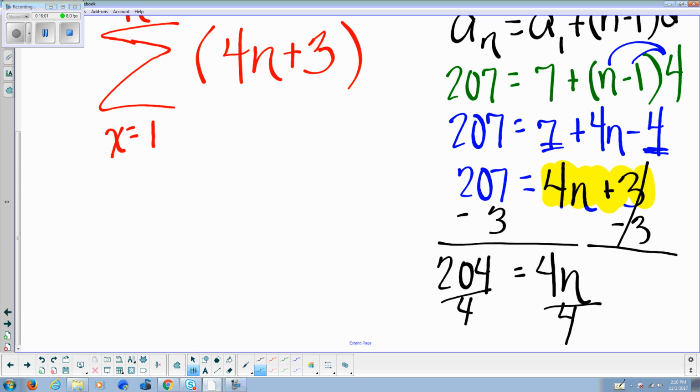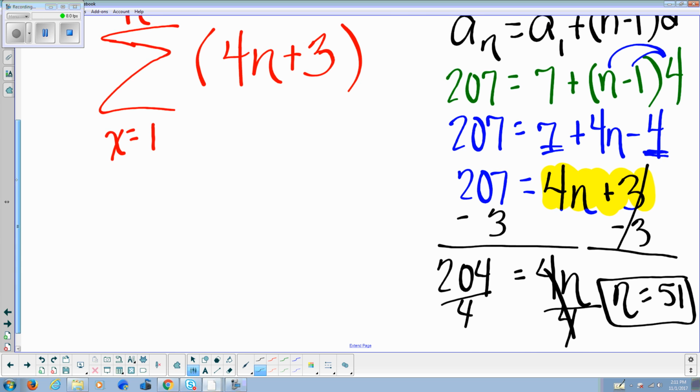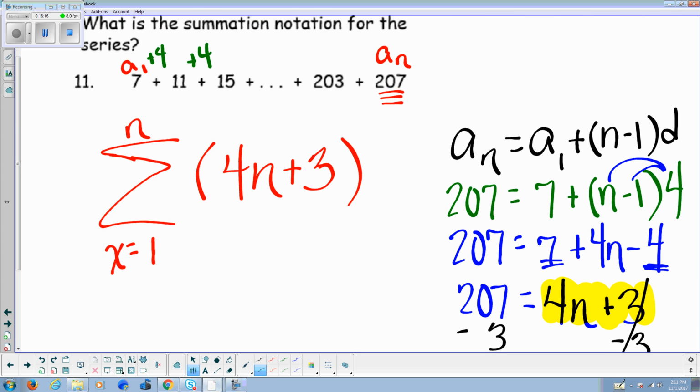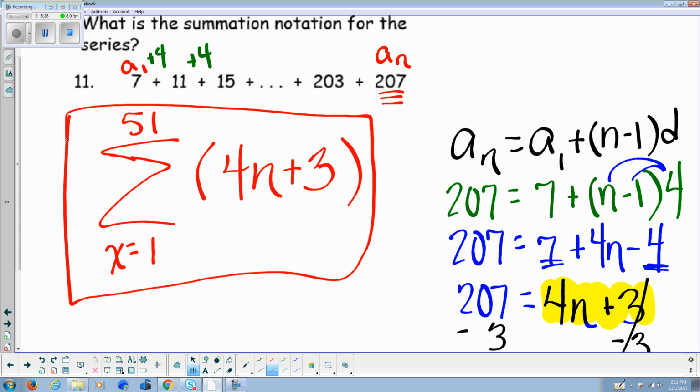Then dividing both sides by 4, I get that n is equal to 51. So if n is equal to 51, that's the last thing I needed for my summation notation. I'm adding from the first to the 51st term the arithmetic series described with the explicit formula 4n plus 3.